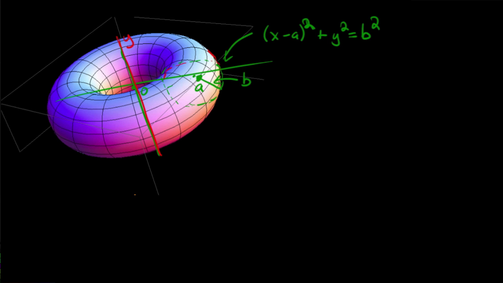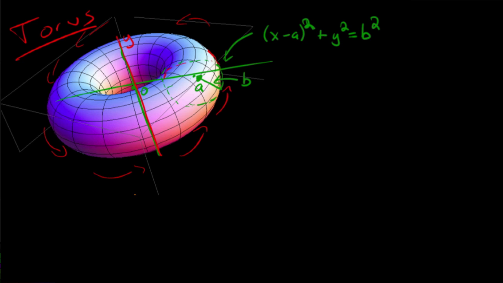If you rotate it around the y-axis, you form this shape that we see right here. It's called a torus, and we want to find the volume of that.